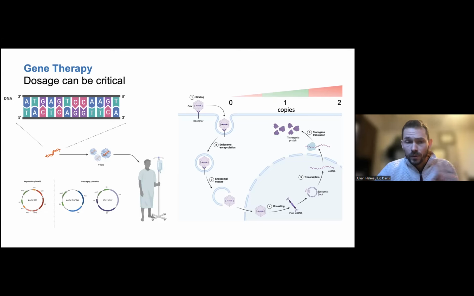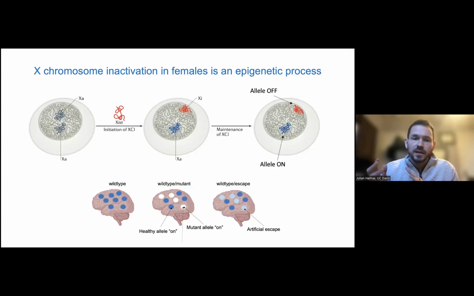So what we actually go to is using the endogenous mechanisms, the cell-intrinsic mechanisms, to regulate the expression of genes, and we had some fantastic segues to that as well. What happens in female somatic cells, so every cell that is not the sperm and the egg, is that at a very early stage in development, both of the X chromosomes are active.